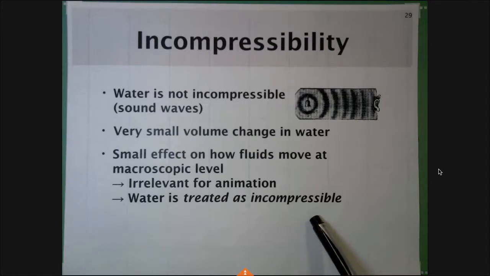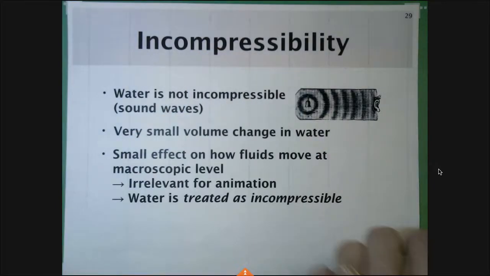So what we do, by the way, we assume incompressibility as a mathematical idealization of our fluid, which is justified by the fact that it just looks good. It's a similar type of assumption as we do in rigid bodies, right? Rigid bodies also don't exist. Nevertheless, it's very convenient to assume in our simulation that we do have rigid bodies. So they're like a model. We consciously accept some inaccuracy of our model. Okay. So here it's incompressibility.